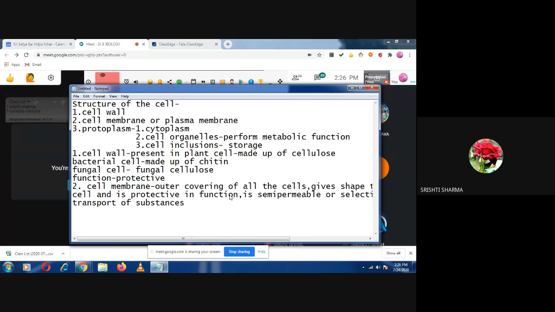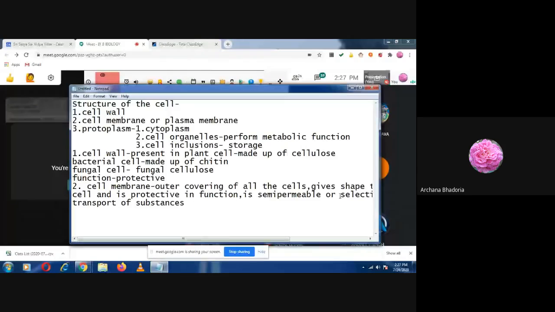From inside to outside and from outside to inside. That transport will be done through the cell membrane or the plasma membrane. Since it is semi-permeable, there will be selective transport. Is it clear to everyone?